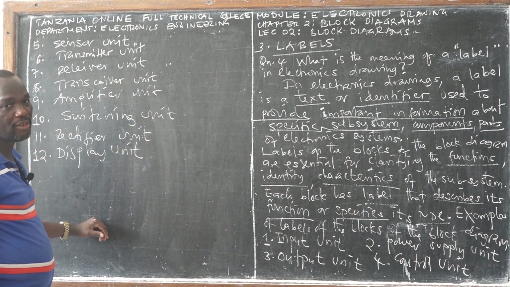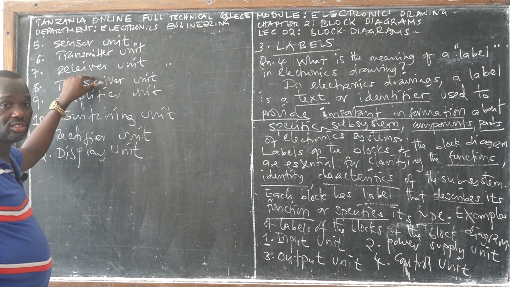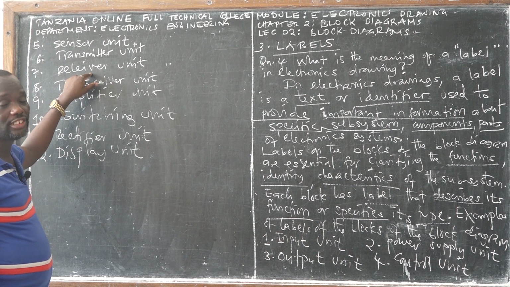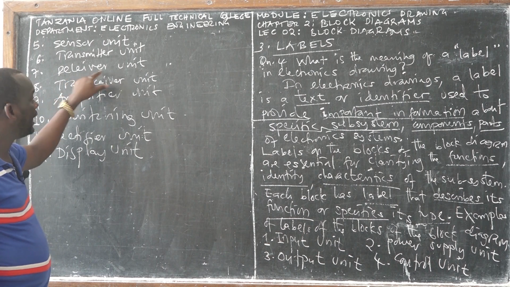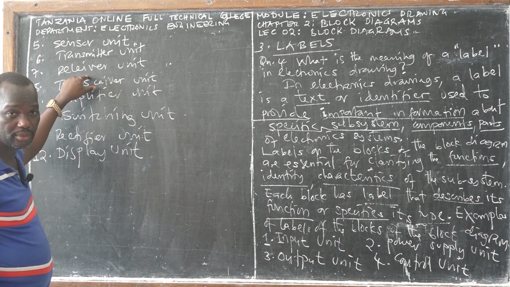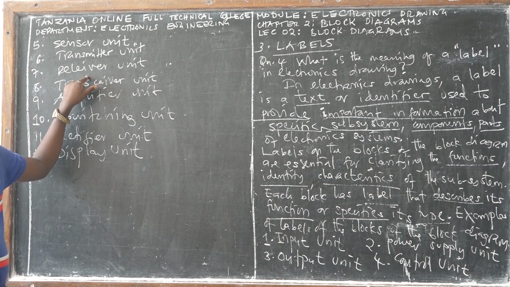For instance, in your mobile phone, if somebody calls you, the receiver will be acting as the input, because that signal will be received by the antenna, and the antenna is the input. It's the receiving antenna, a part of the receiver unit. So it depends on the system. Did you hear Rhoda's question? Did you understand it?